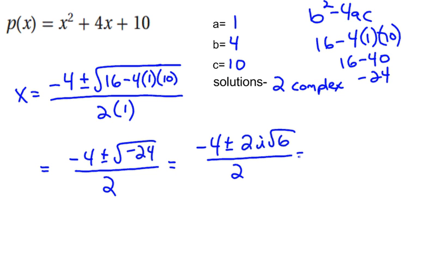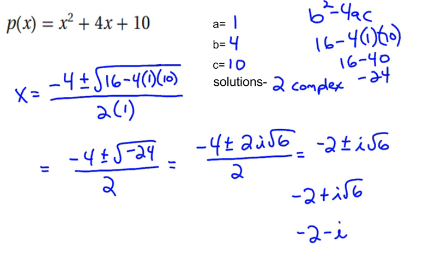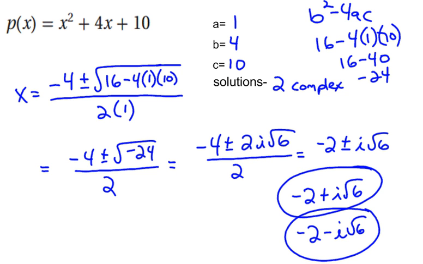The 2 goes into both of those, so we get negative 2 plus or minus i radical 6. So our two roots are negative 2 plus i radical 6, negative 2 minus i radical 6. So those are our two complex roots.